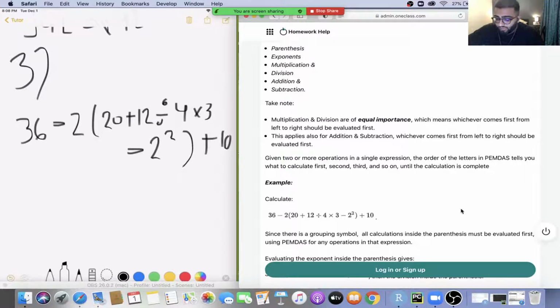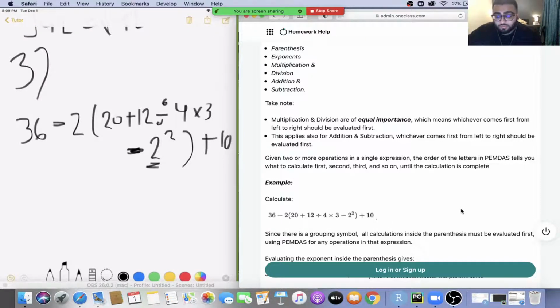So we're going to go by PEMDAS, and we're going to do parentheses first. So all the operations inside of parentheses. Then our next letter is E, so we're going to look for any exponents inside of our bracket or parentheses. In this case, we have an exponent here, which is 2 squared. So we're going to evaluate that first.